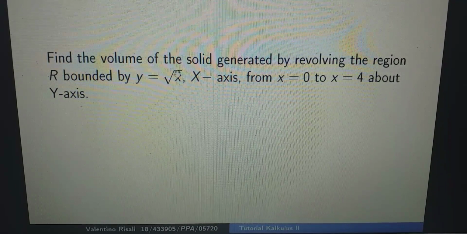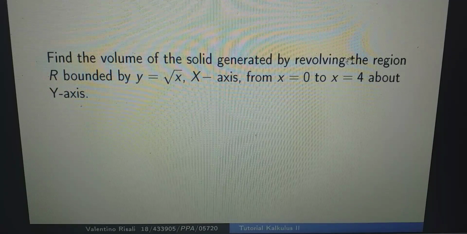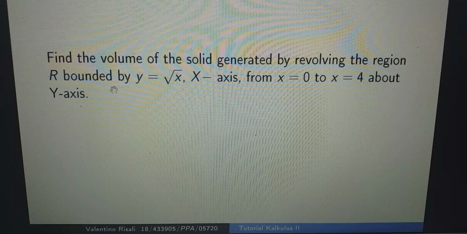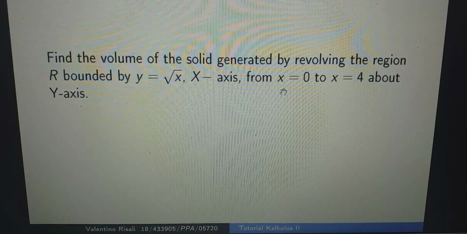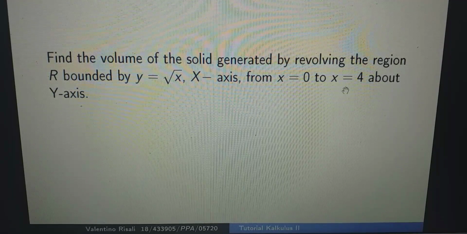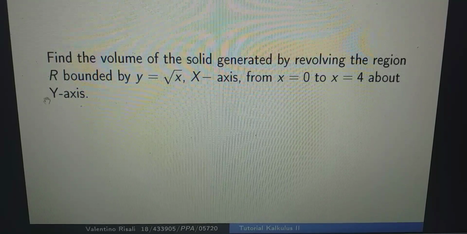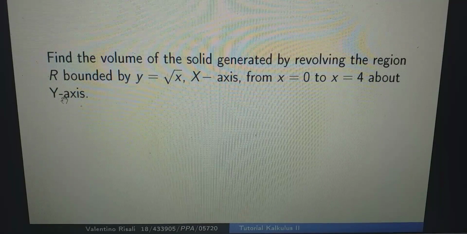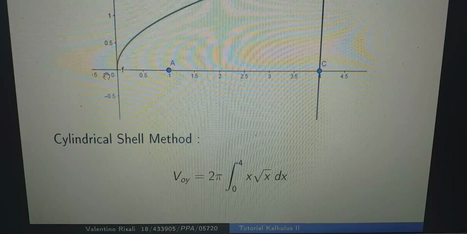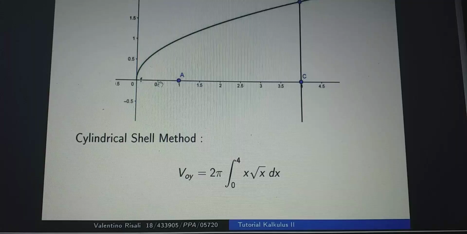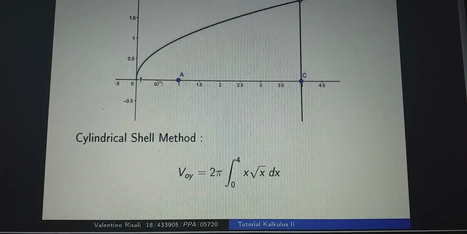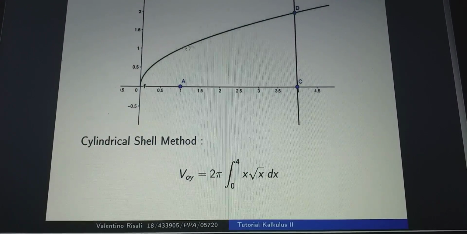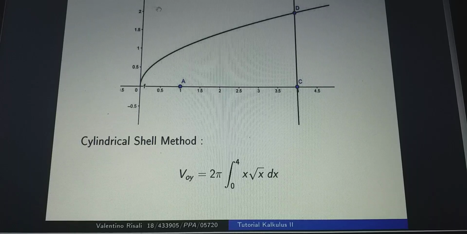We will find the volume of the solid generated by revolving R bounded by this, from x equals 0 to x equals 4, and in this case we revolve about the y-axis. This is the same curve as the last example, and now we revolve it about the y-axis.